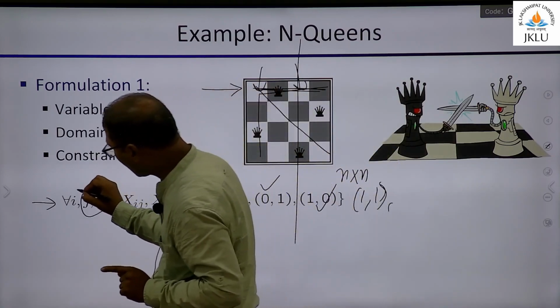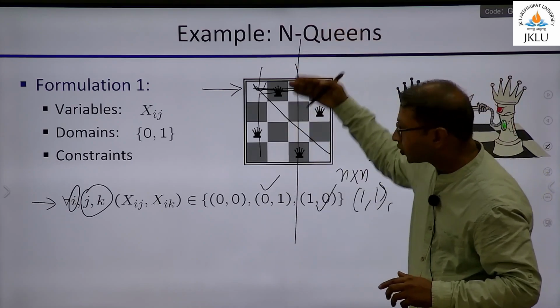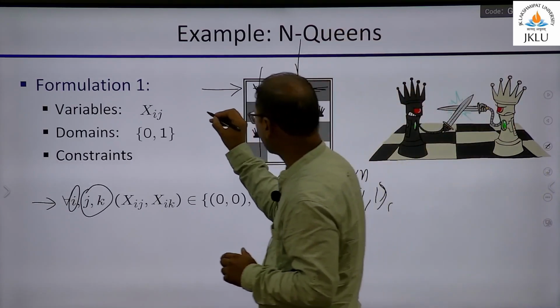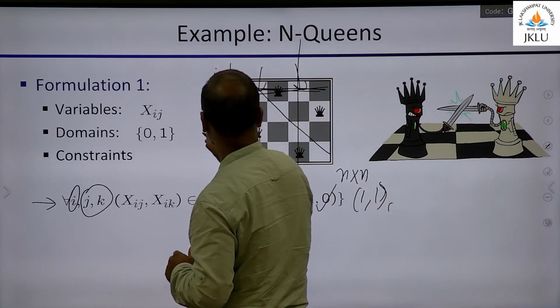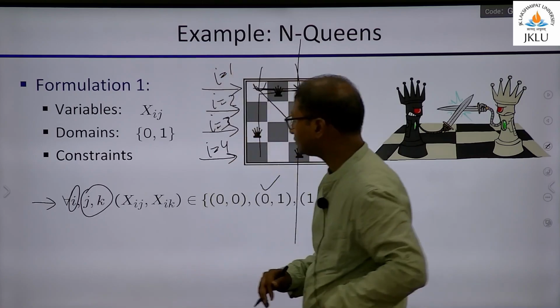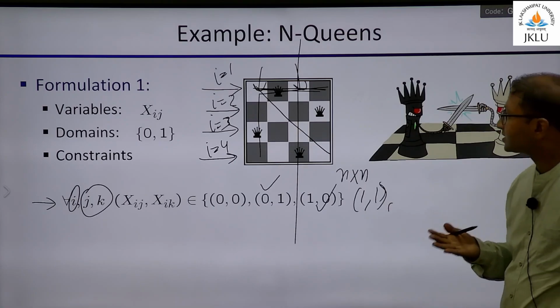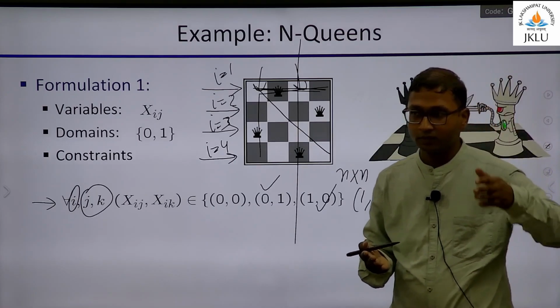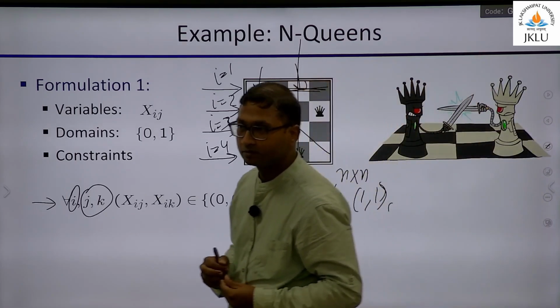Now you said for all I. What does this mean? For all rows, when I equal to 1, when I equal to 2, I equal to 3 and I equal to 4. Can you give me the next constraint? Next logical constraint would be for columns. So can you give me the next one?